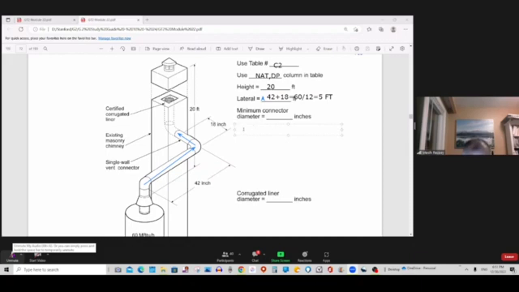So C2.4, that Mr. Khalid was reading the other day. You said all these tables include 2 elbows. If you have more elbows, you have to deduct 10%. So by this code, we have to deduct 10%.